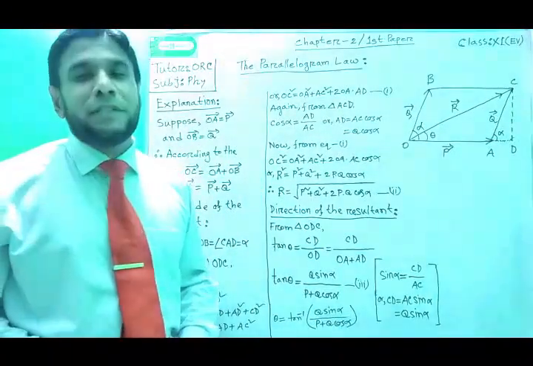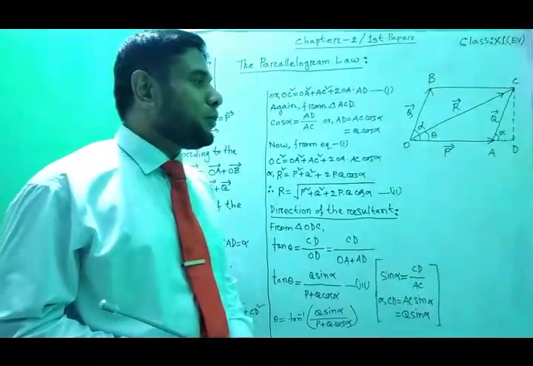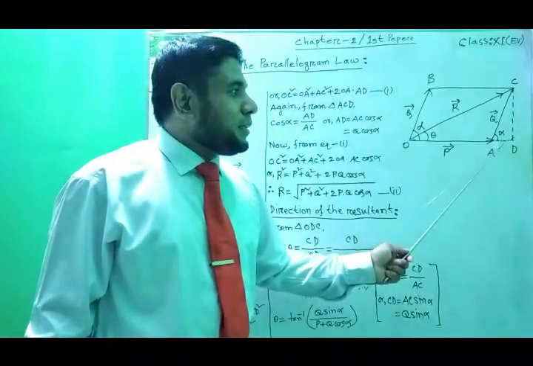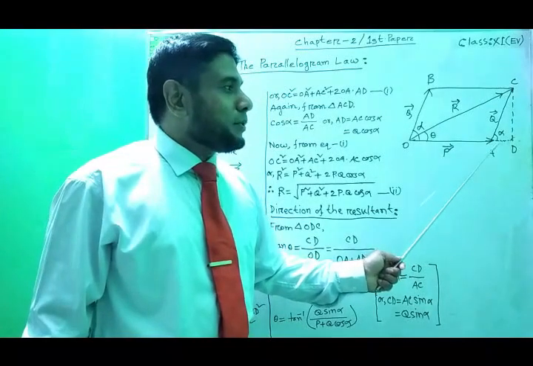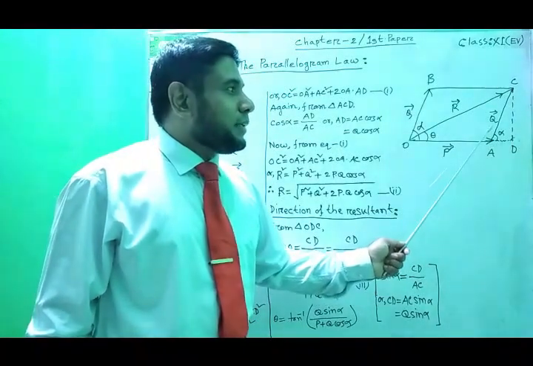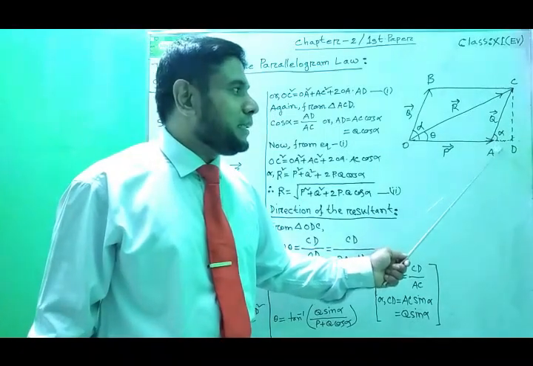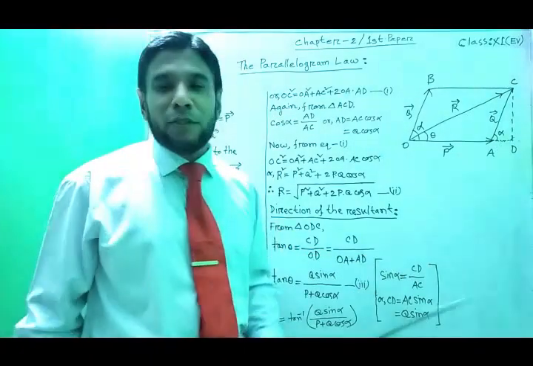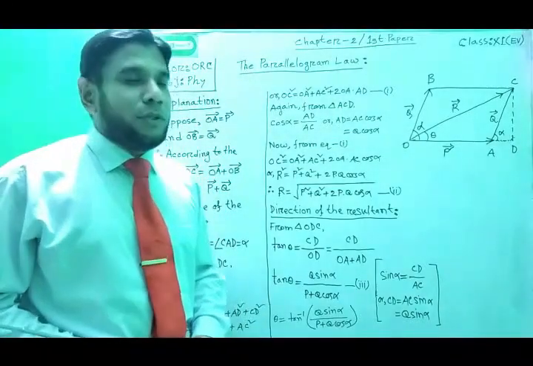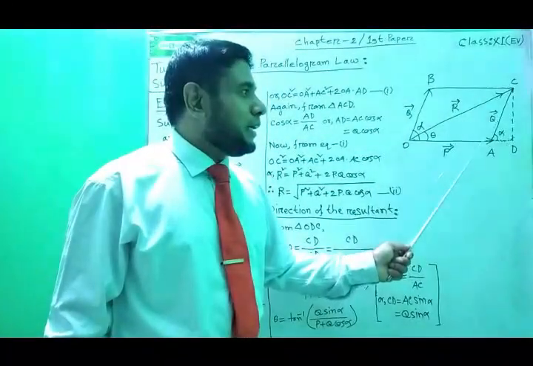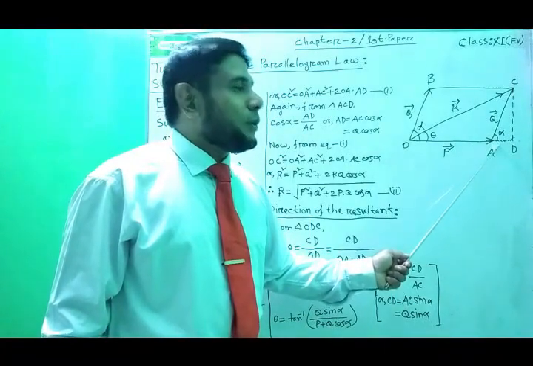According to the trigonometric law, when the hypotenuse is given and you need the value of base AD, we know the relation between base and hypotenuse is cos theta.